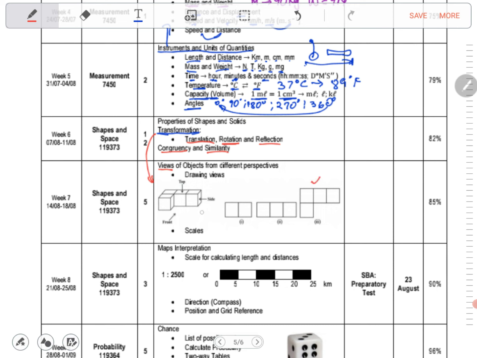And if you are viewing it from a side, for instance this side here, this is what you will see. And if you're viewing it from the front, this is what you will see. So if you're viewing it from this side here, this is what you will see here. So that is basically what happens in terms of views.